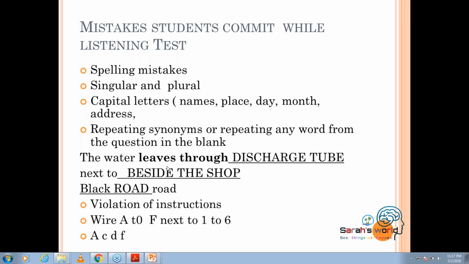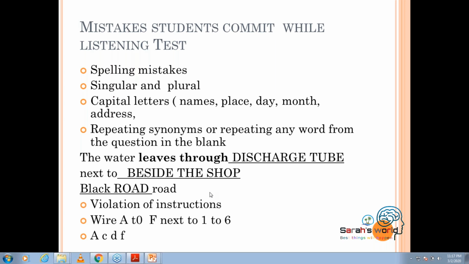Why? Because there is already the word leaves through and you cannot repeat the same word in the blank. Is it clear? Next one is next to dash and you write the answer as beside the shop. Already the word next to is mentioned. So you don't have to repeat the same word again in the blank in a synonym form.